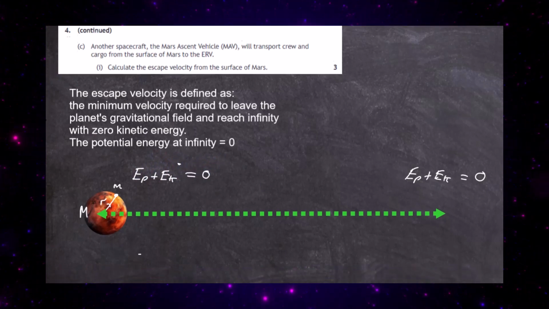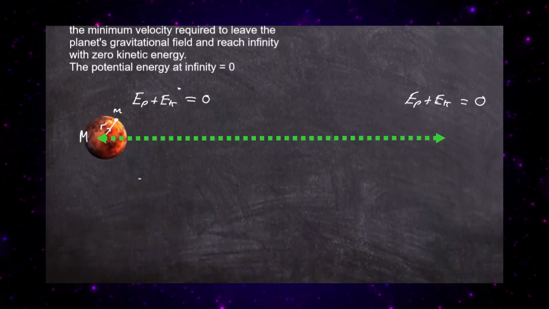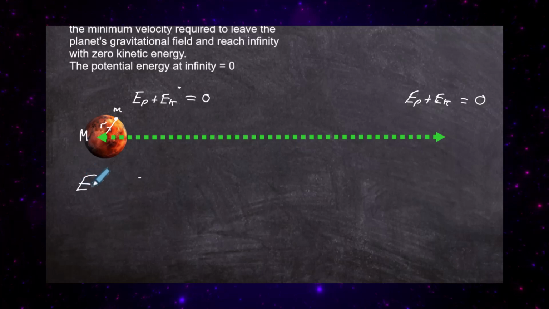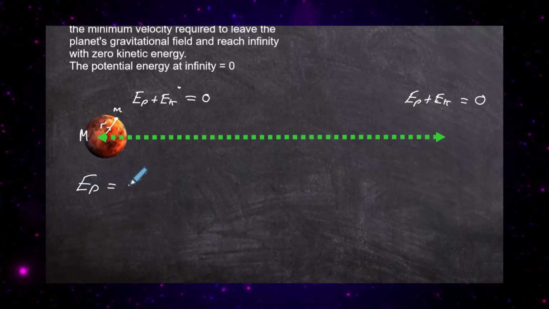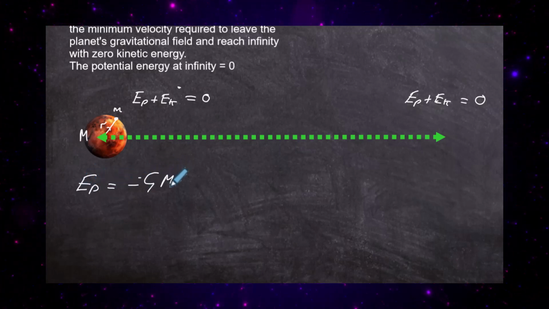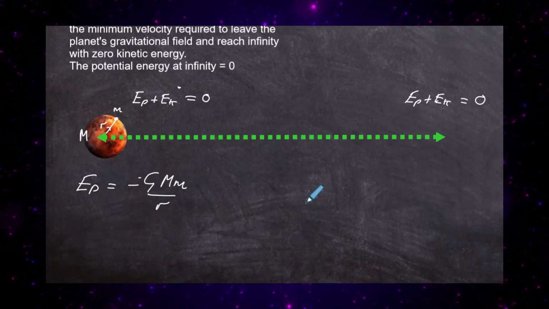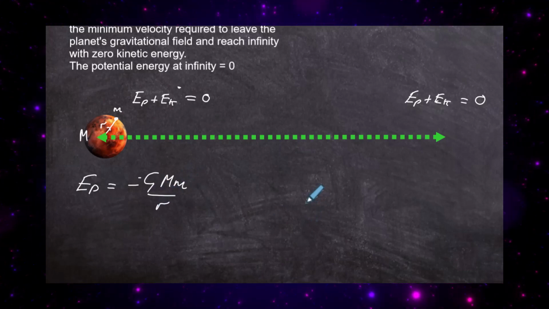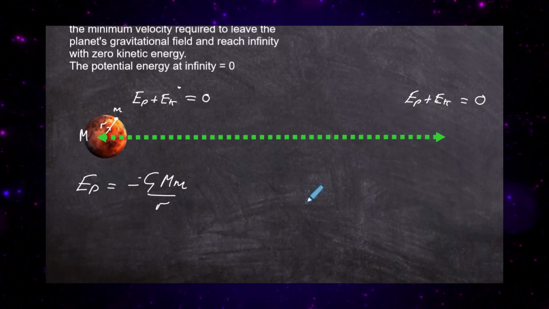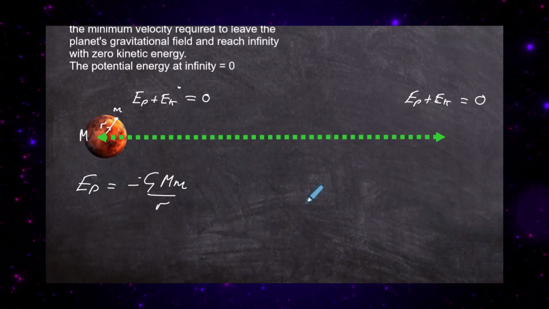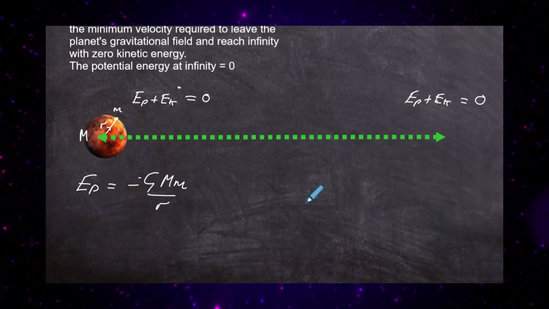Now, we know an expression for the potential energy of an object, and the potential energy EP is going to equal minus G capital M small m over r. That's the potential energy of an object of mass small m, distance r from the centre of a large mass M, and G is the universal gravitational constant.